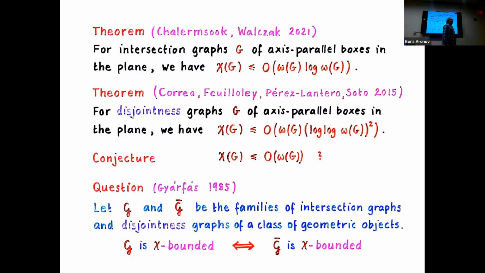So it very often happens that there are these parallel results for intersection graphs and disjointness graphs of certain objects. It's not an isolated case.